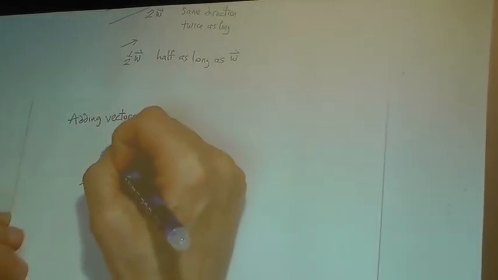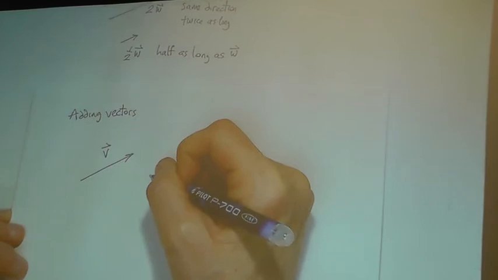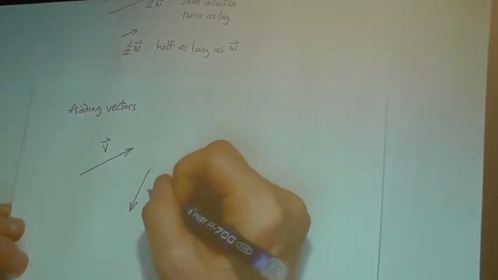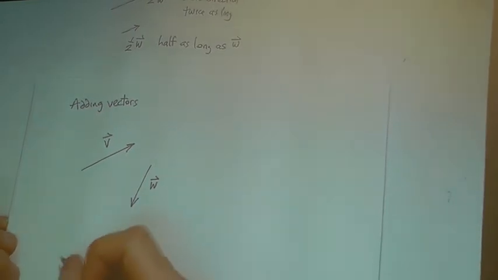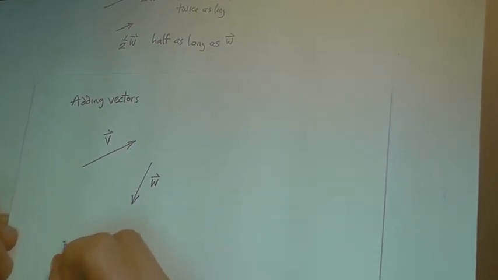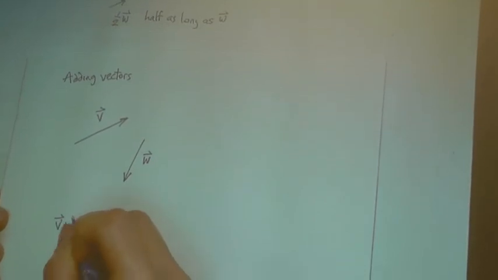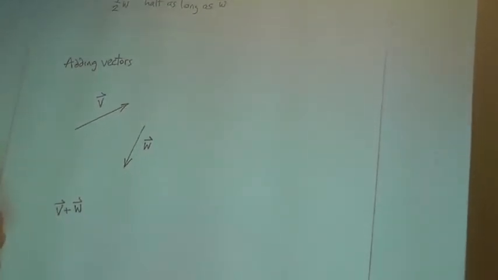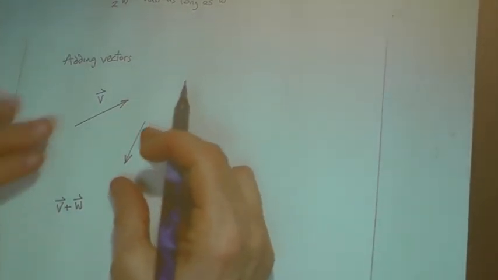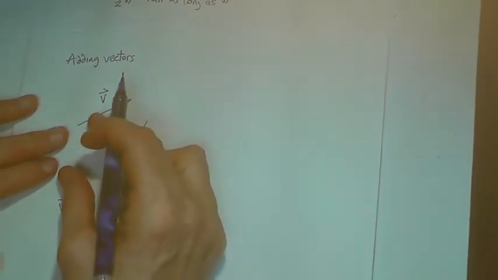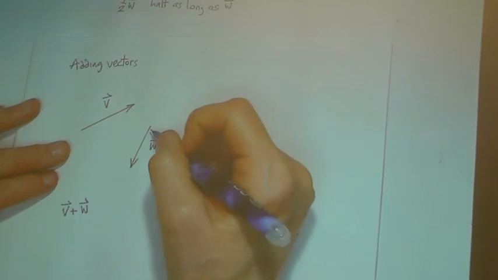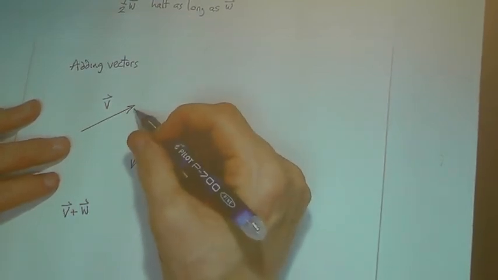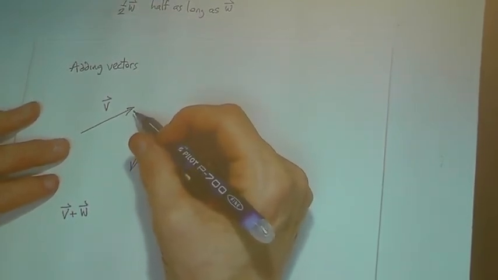So if I have this vector, say V, and this vector, let's call it W, if I want V plus W, what I'm going to do is to pick up one of these two vectors and place its tail on the head of the remaining vector.